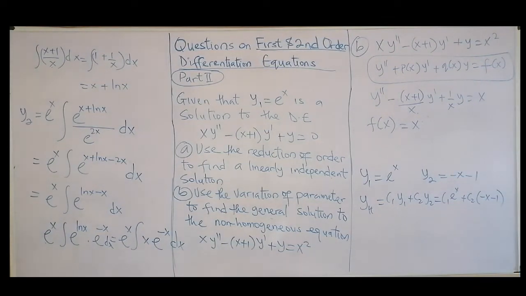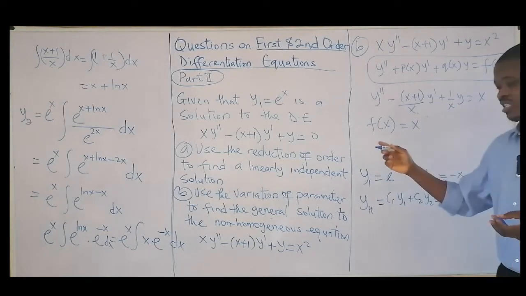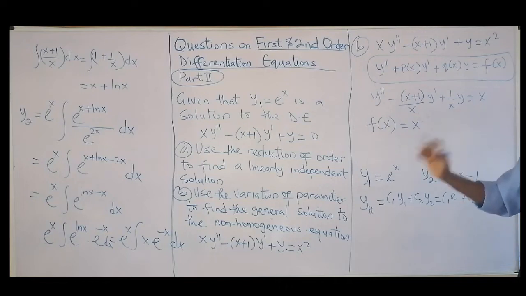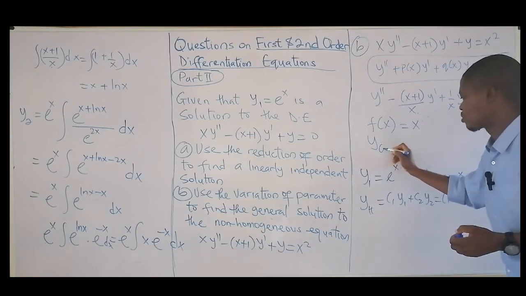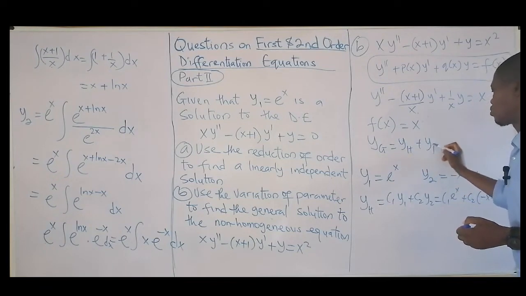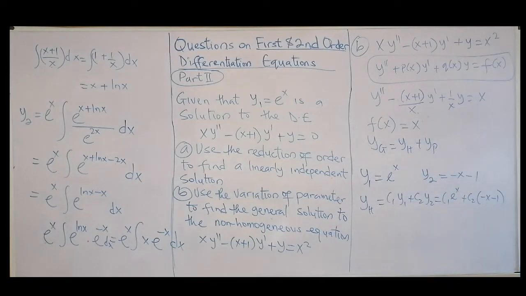So let's go straight to the variation of parameters. The question asks us to get the general solution. The general solution will be equal to the homogeneous part plus the particular solution. So we want to get the particular solution now.